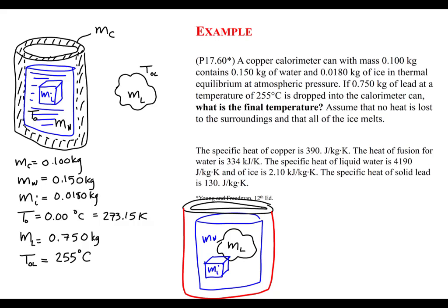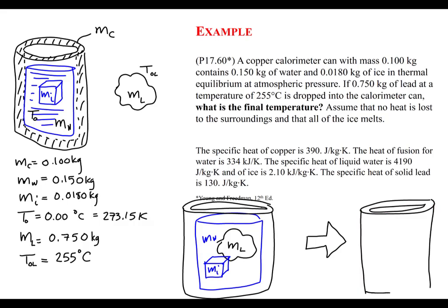So we are going to assume that after some period of time passes, the three items, including the can, will reach a state of thermal equilibrium. So what that means is that the water, the ice, and the lead will all arrive at the same final temperature, which is unknown.